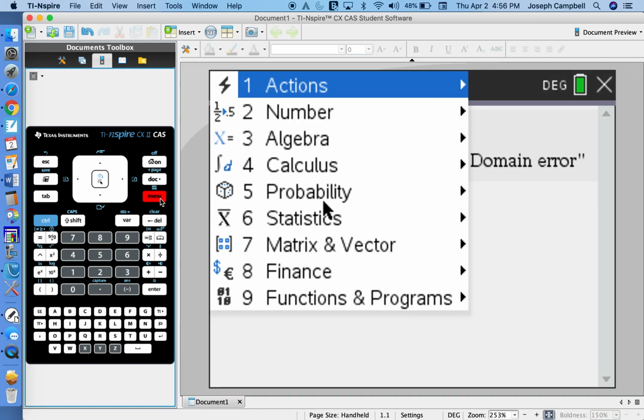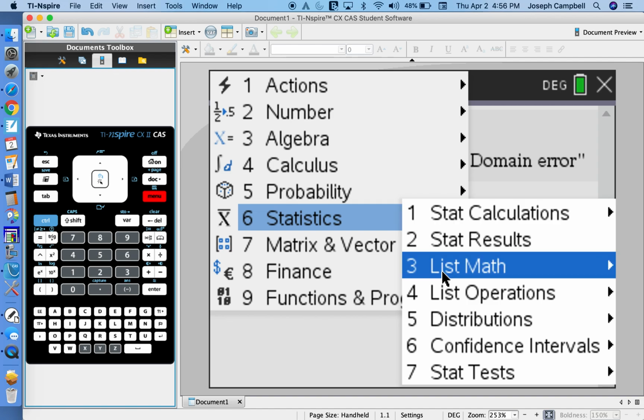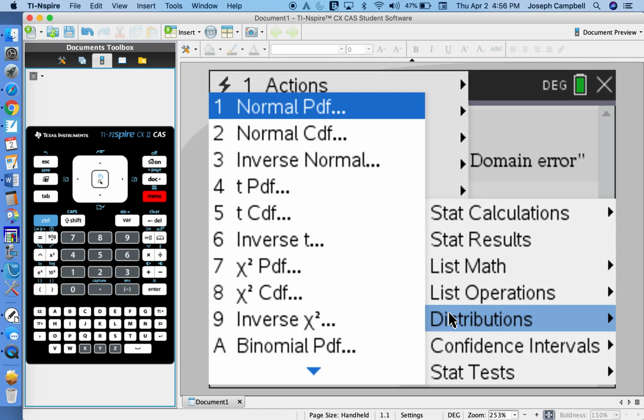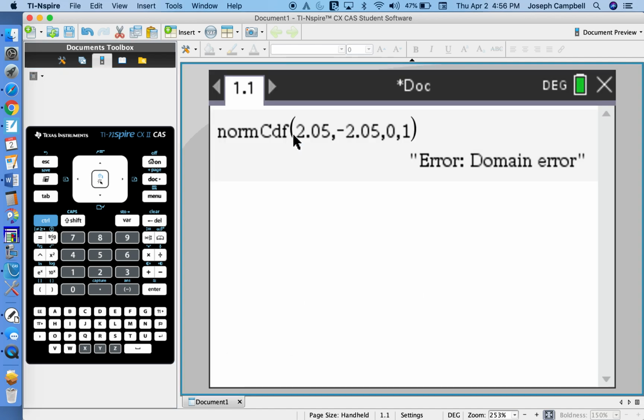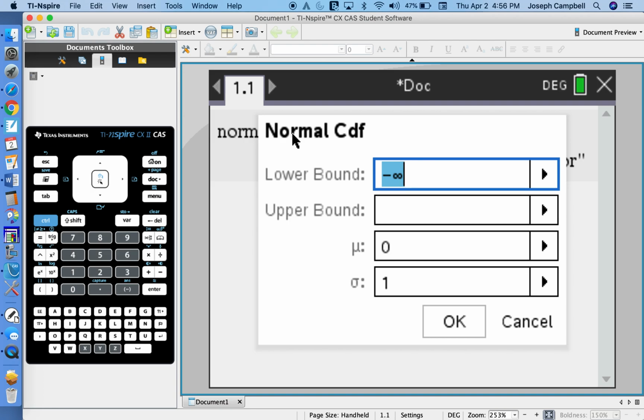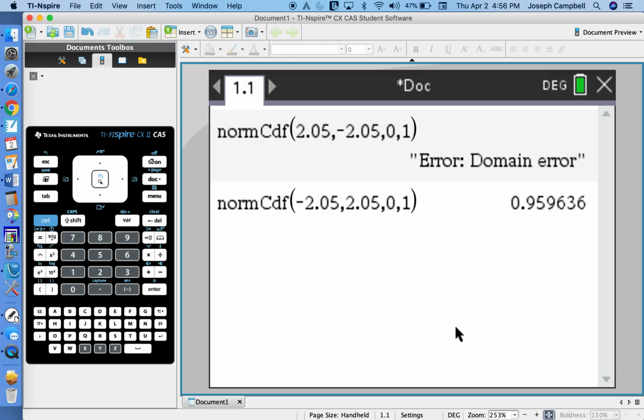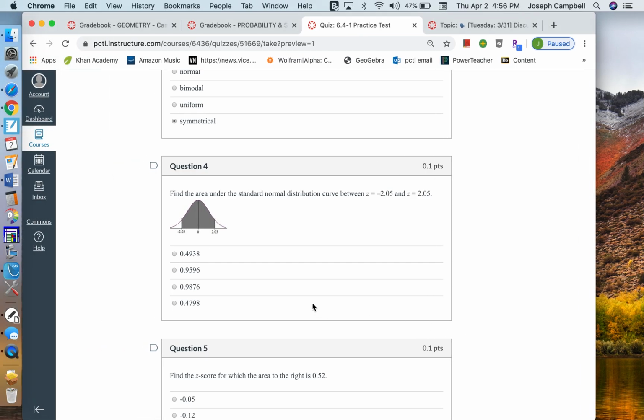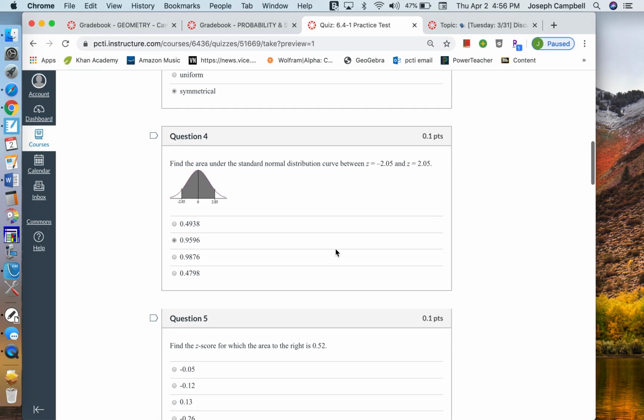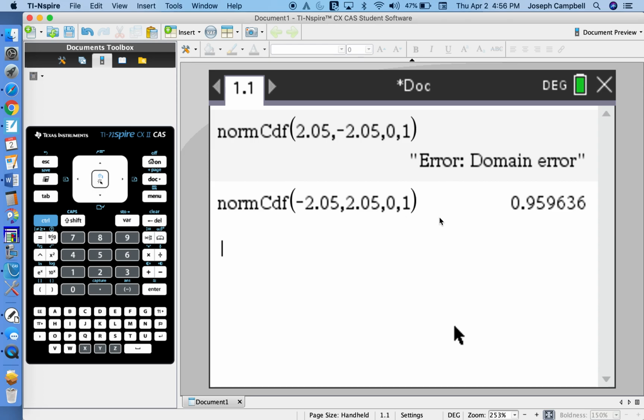Didn't expect that to happen. Let's try that again. Sometimes my calculator is a little funky. Did I do it backwards? I did it backwards, didn't I? Lower bound negative 2.05, upper bound is 2.05. Okay, is it 0.9596? Oh, there it is.